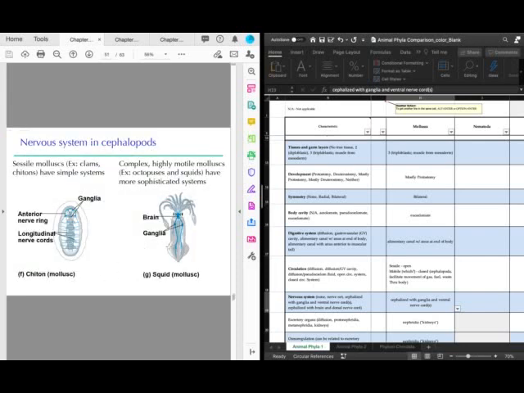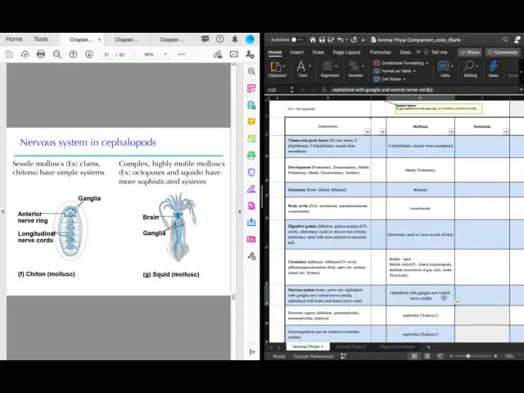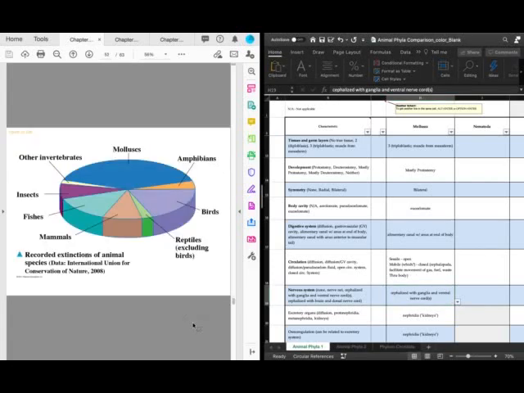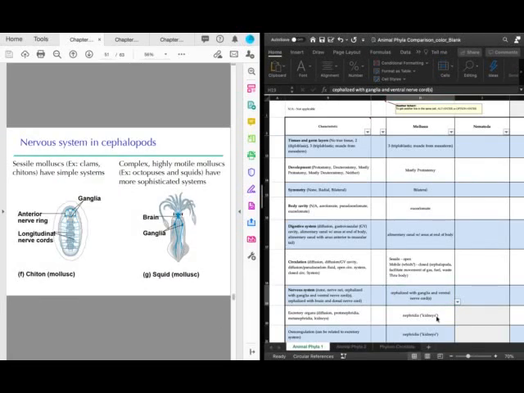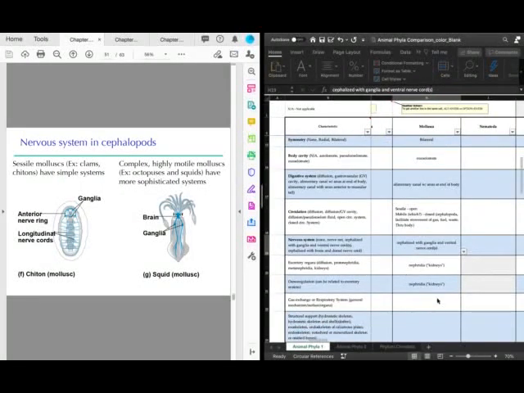Here we go. Nervous system. Sessile simple systems, complex, highly mobile, complex systems, so ganglia, brain. Interesting. Definitely ventral nerve cord, definitely not a nerve net though. And then I tell you these two nephridia for those.